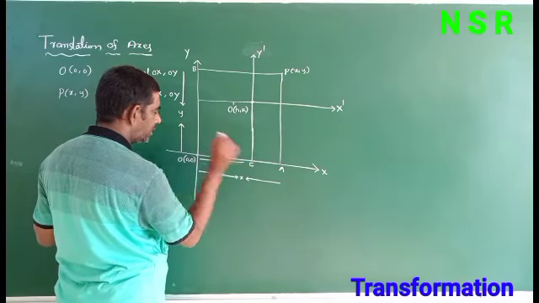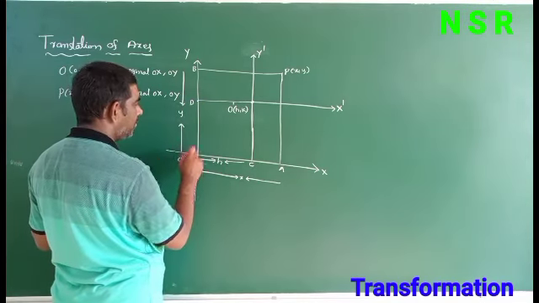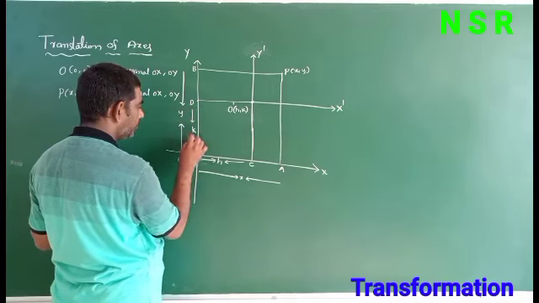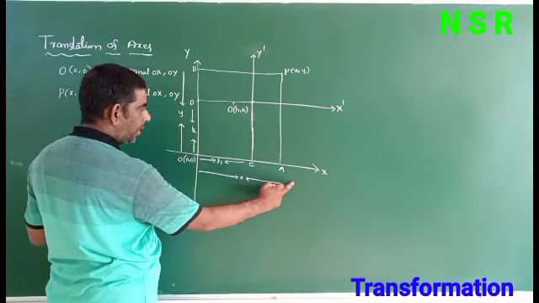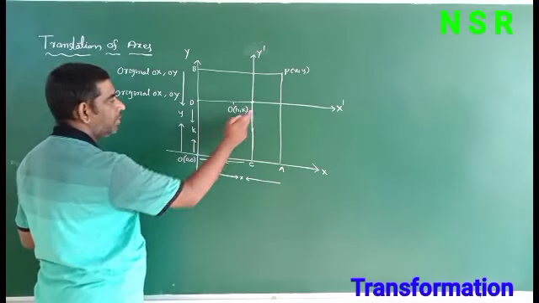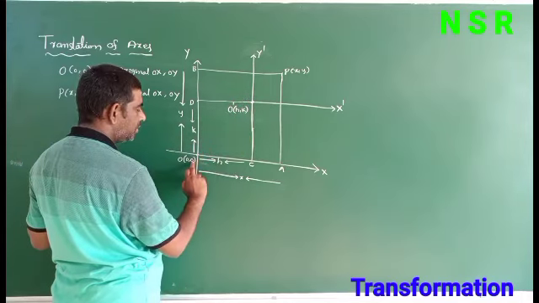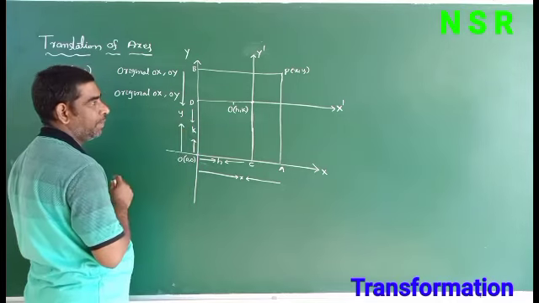Now take this as C and this as D. The distance from the origin to D is k. So here for P(x, y), the distance from O to A is x and O to B is y. Now the O dash (h, k) point is here. The distance from the origin to here is h, and the distance from the origin to D is k.